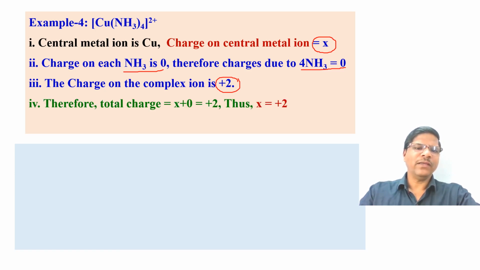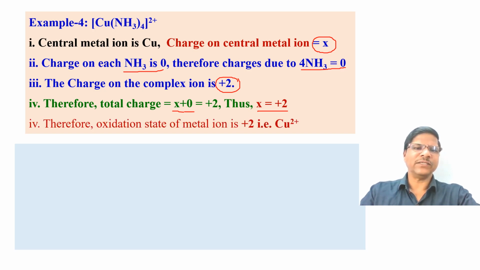So X + 0 = +2, therefore X is equal to +2. So in the complex [Cu(NH3)4]2+, copper is present in the +2 oxidation state.